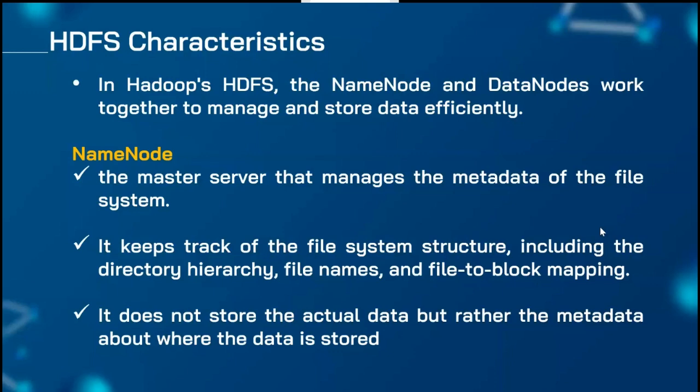It consists of files and directories. So what are the tasks of the name node? It manages the file system namespace, regulates clients' access to files, and executes file system operations such as naming, closing, and opening files and directories.